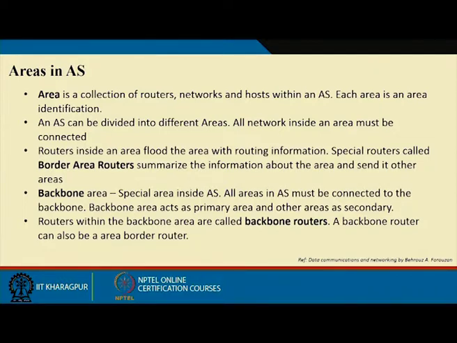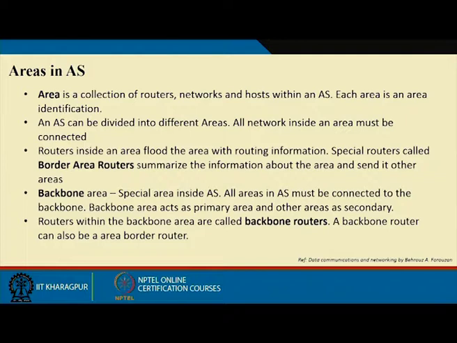Routers within the backbone area are called backbone routers. A backbone router can also be an area border router. As the backbone is also an area, an area border router can be a backbone router. This backbone router acts as the information hub for the whole autonomous system.